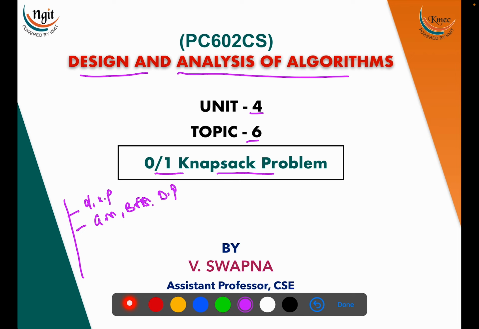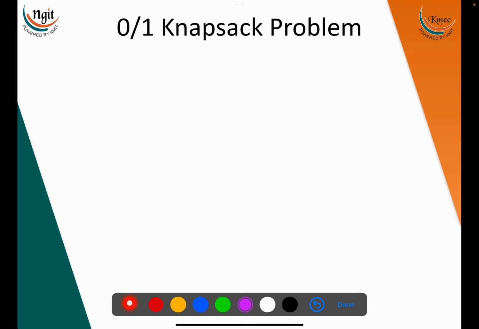There are many algorithm techniques by which we solve this 0/1 knapsack problem. So what is the approach of branch and bound to solve it? We'll also generate a state space tree to find the solution using least cost branch and bound. Now let's get started.